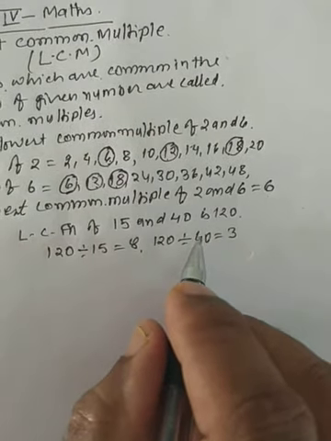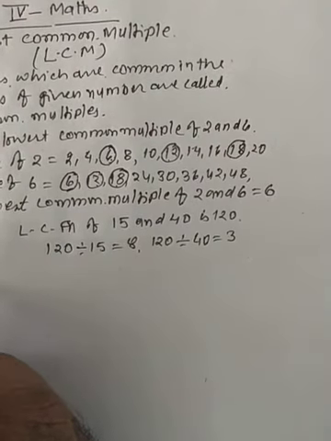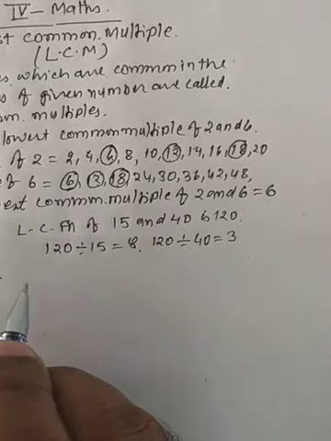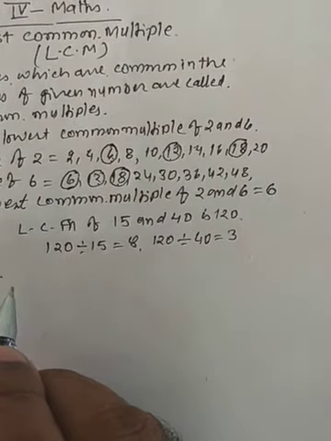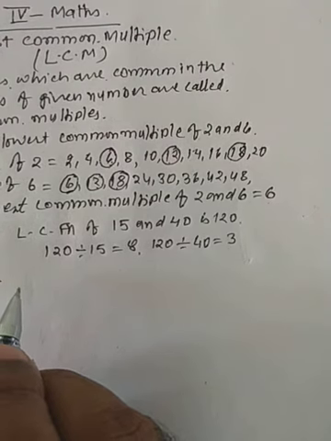Property second: if a number is a factor of the other number, their lowest common multiple will be the greatest number itself.